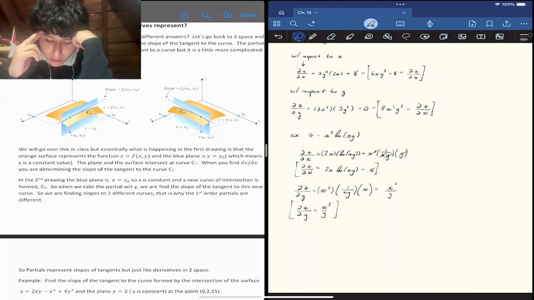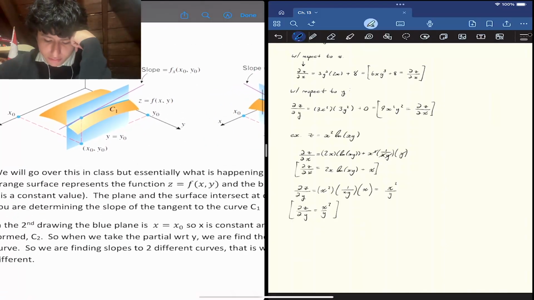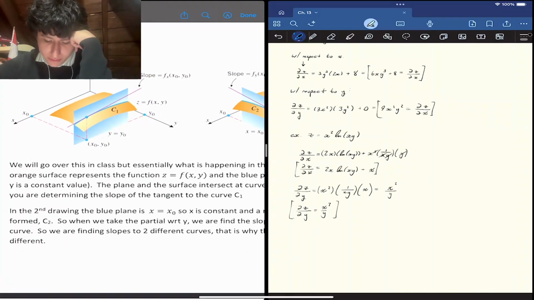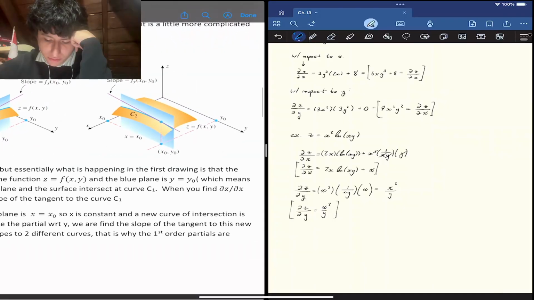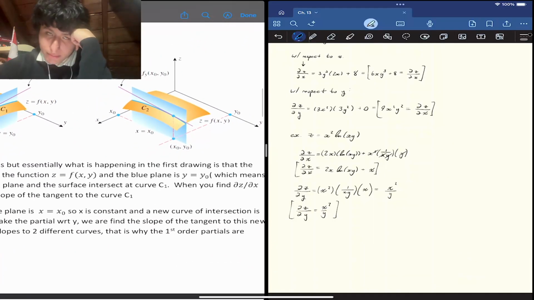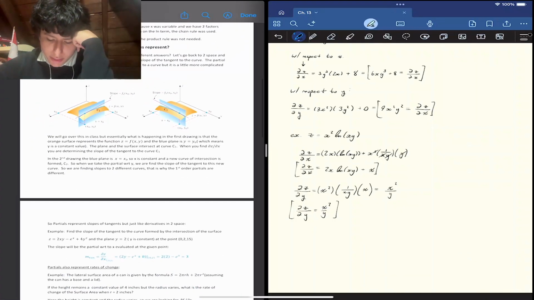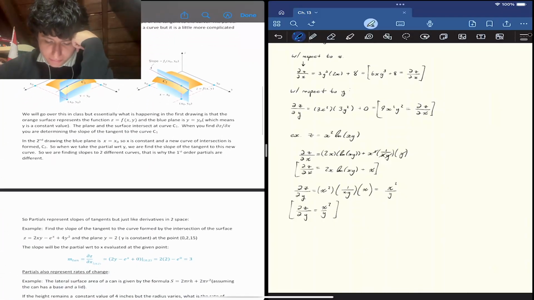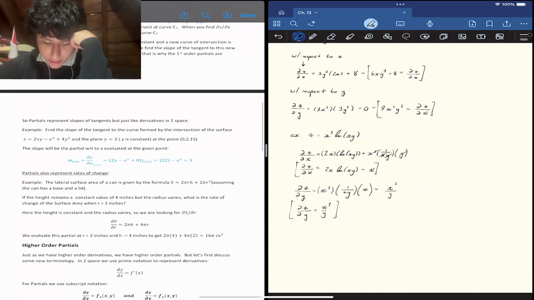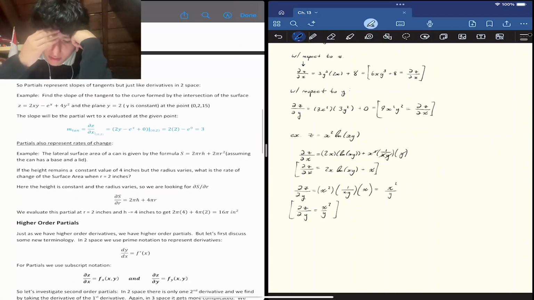So when we find the partial with respect to x, we are determining the slope of the tangent to that curve, C1. Same thing with this one. You can tell because x naught is going to be constant, which means we're taking the partial with respect to y. And you get two different ones. So partials represent slopes of tangents, just like derivatives in two space.